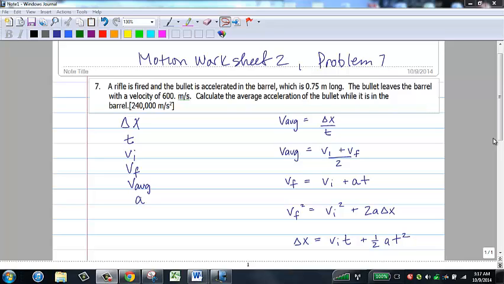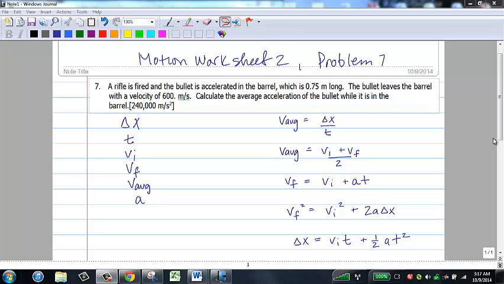This problem says a rifle is fired and the bullet is accelerated in the barrel, which is 0.75 meters long. The bullet leaves the barrel with a velocity of 600 meters per second, and we're being asked to calculate the average acceleration of the bullet while it is in the barrel. Average acceleration is an odd phrase.